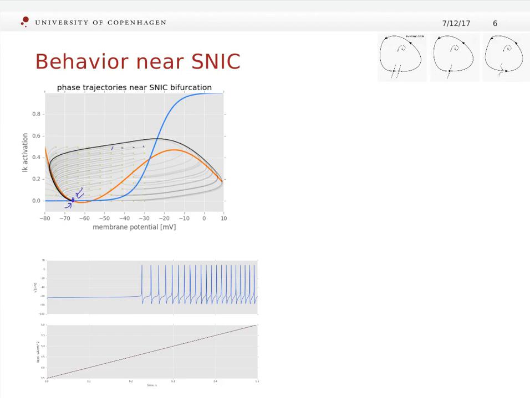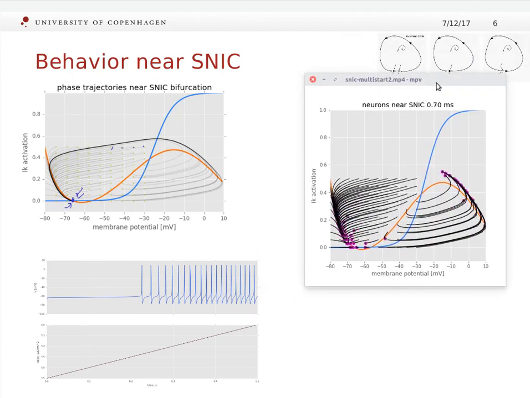And if everything goes right, I can show it in a video. So this is the video. Our purple points are the state of the system, and the fading black lines are the trajectories. So it doesn't matter where we start from, we end up in the stable resting state.